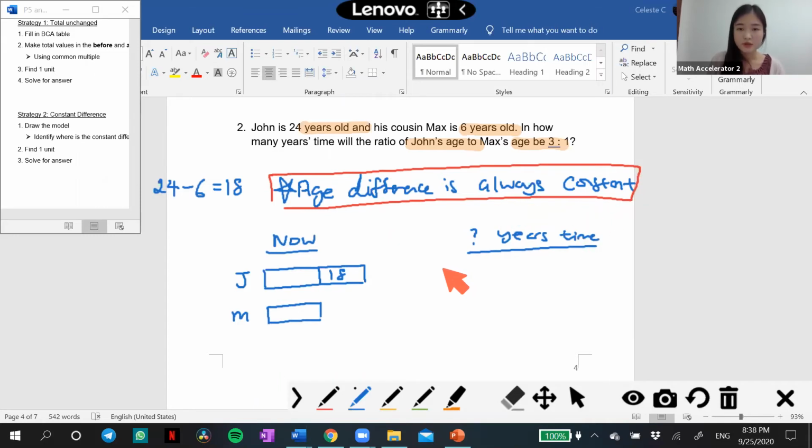Right, so let's draw in how many years' time. They want the ratio to be 3:1, which means John will have 3 units and Max 1. And what do you know about age difference? Always constant. So the difference between them here will still be 18.